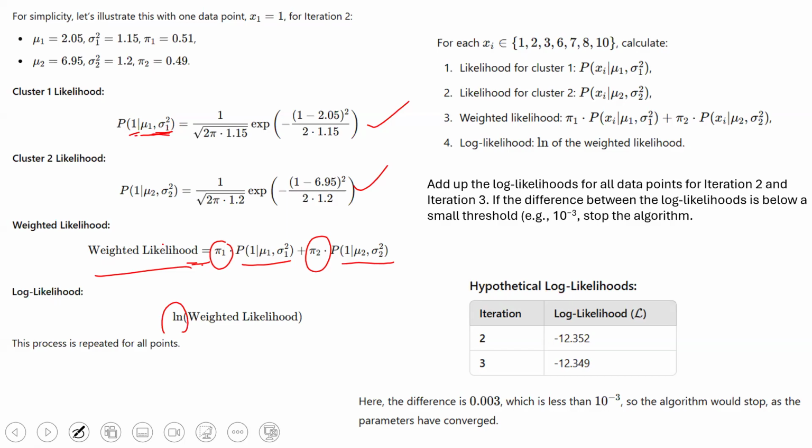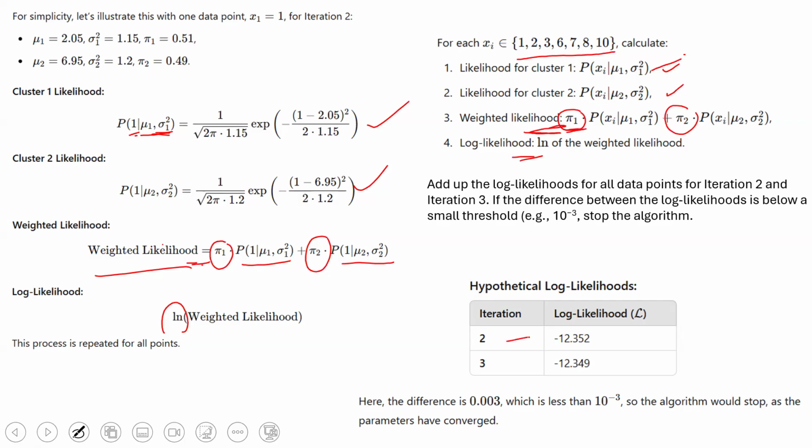So when the log likelihood is converging, we can just terminate the algorithm. So what do we calculate? Given the points, we calculate the likelihood for cluster one and the likelihood for cluster two, and the weighted likelihood is each likelihood multiplied by its mixing coefficient, and then we apply the logarithm to it.